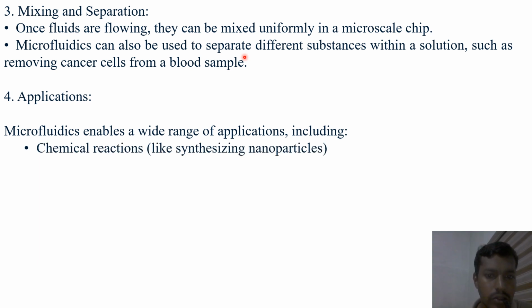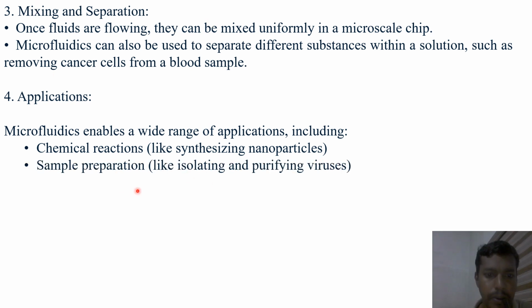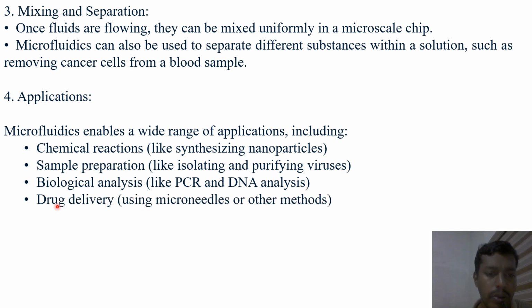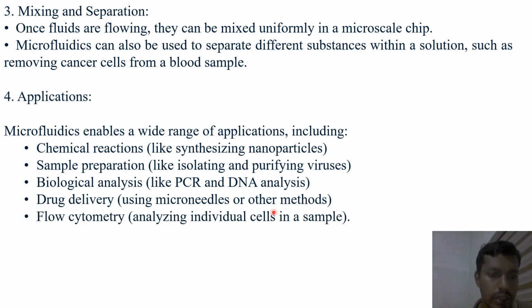Chemical reactions, that is synthesizing nanoparticles. Sample preparation for isolating and purifying viruses. Biological analysis like PCR or DNA analysis. Applications in drug delivery by using microneedles or other methods. Then flow cytometry.